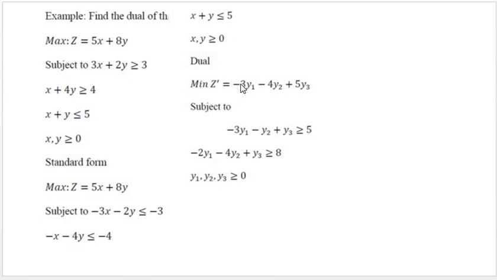So corresponding to the standard form, write the constraints minus 3y1 minus y2 plus y3 greater or equal to 5, then minus 2y1 minus 4y2 plus y3 greater or equal to 8, where the new variables y1, y2, y3 are all greater or equal to 0.